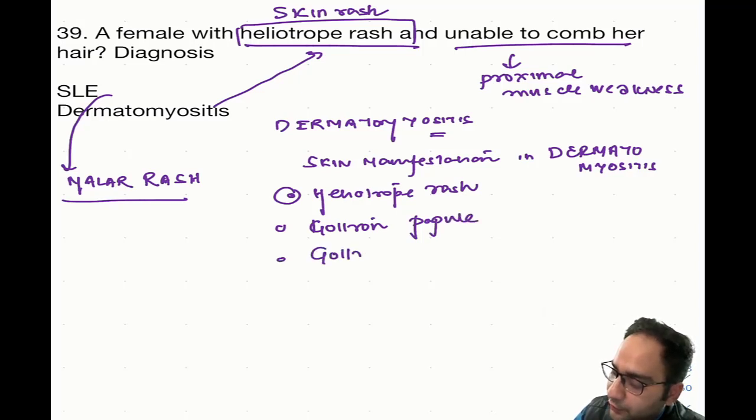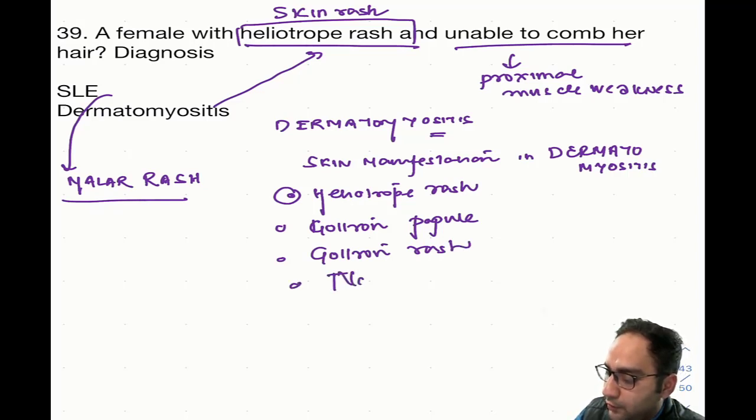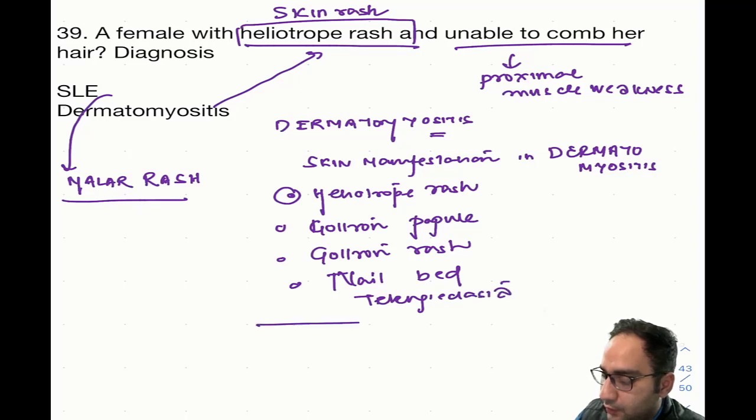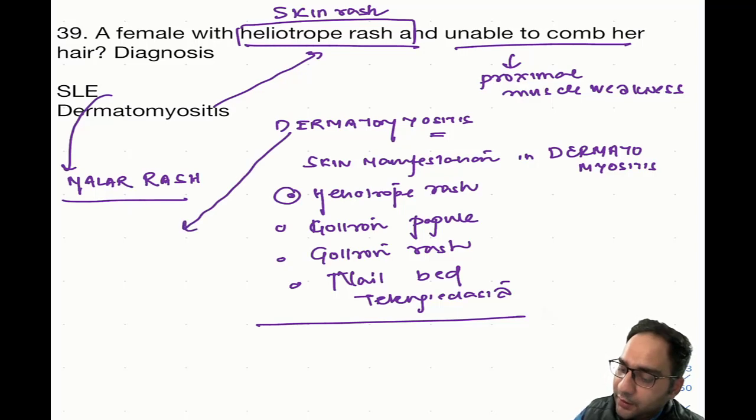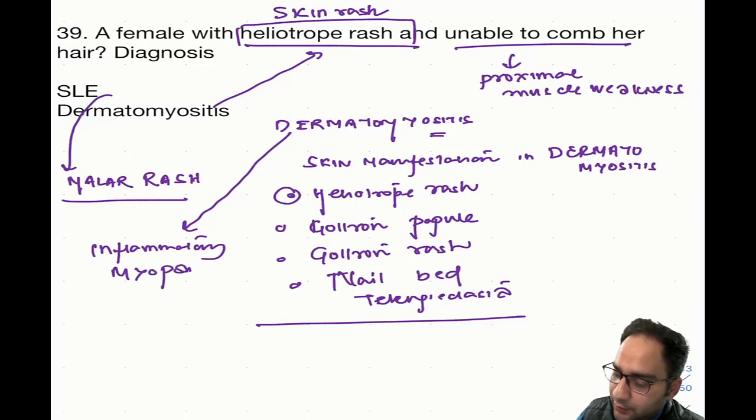You can have Gottron rash. You can have nail bed telangiectasia. All these features you can see in dermatomyositis, which is nothing but a case of inflammatory myopathy.